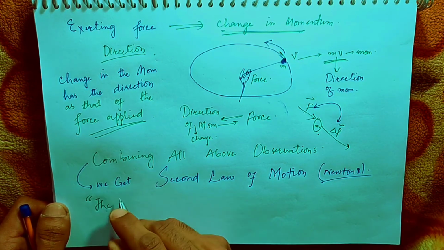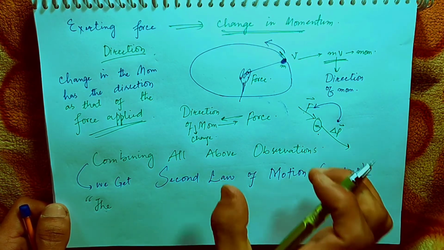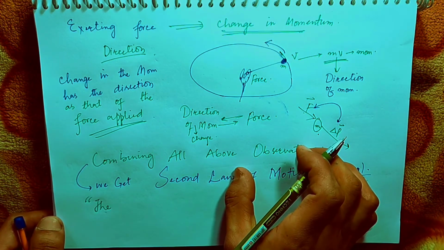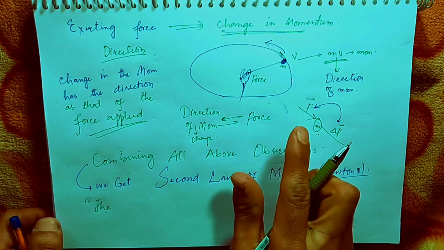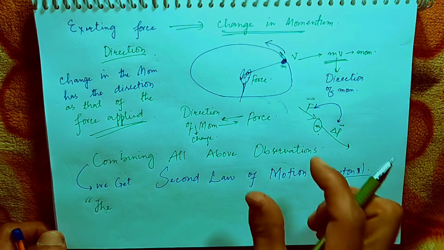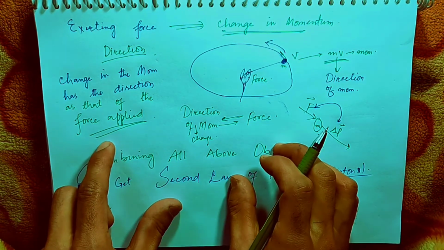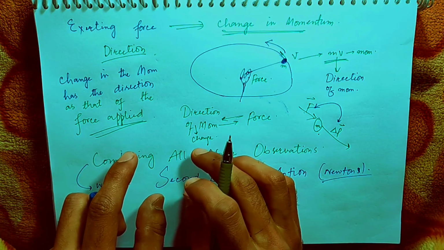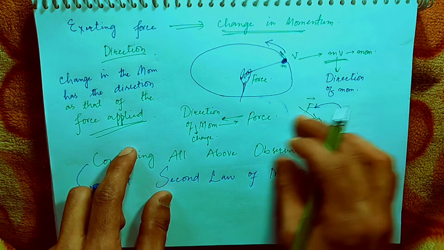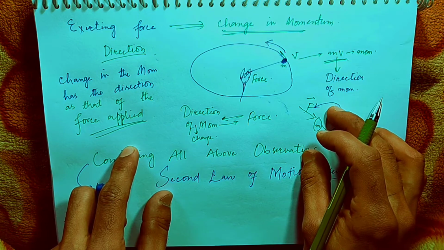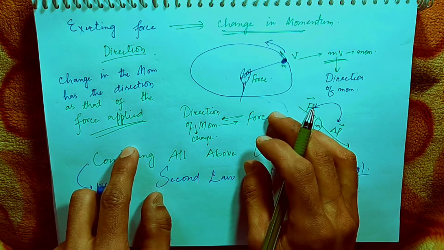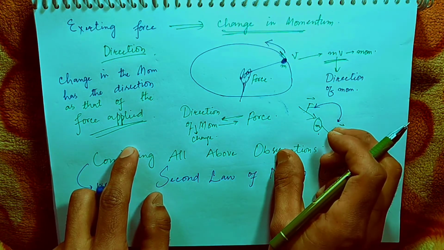the rate of change of momentum. Change of momentum is important. It is not the momentum only, there must be a rate of change, that is the change in the momentum with respect to time. If a body is made to change its momentum over a longer period of time, the force applied to it will be smaller.